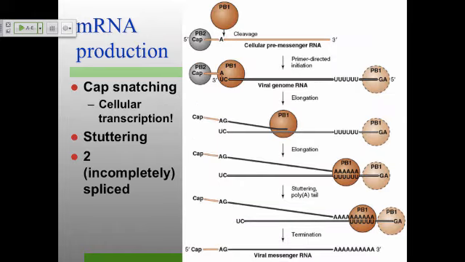Messenger RNA production by these orthomyxoviruses. These guys replicate in the nucleus. The reason they're replicating in the nucleus is because that's where the caps are, because they're using capped messenger RNAs to produce each of their individual proteins. And those caps are snatched, according to the official literature, stolen by the viral polymerase proteins.